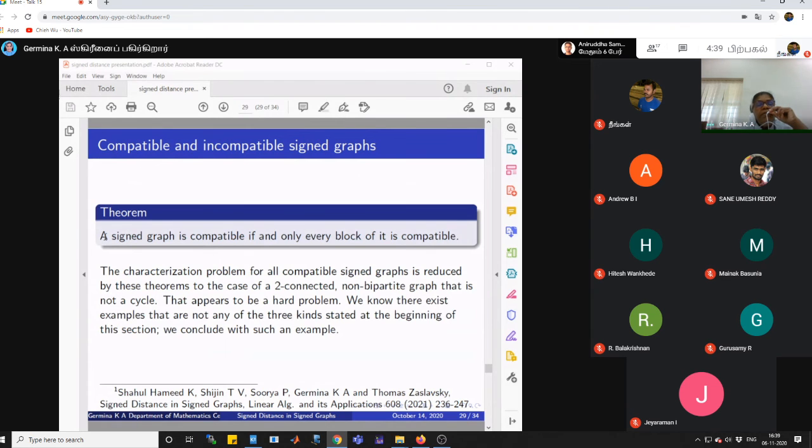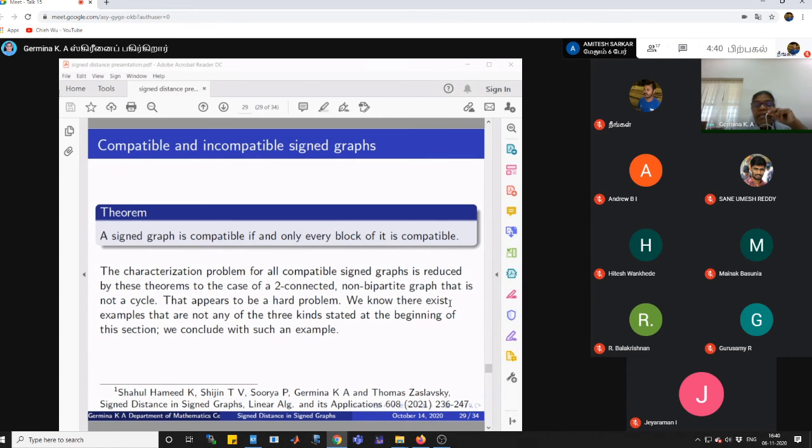Next theorem: a signed graph is compactable if and only if every block of it is compactable. The characterization problem for all compactable signed graphs is reduced by these theorems to the case of two connected non-bipartite graphs that are not a cycle. But this problem for us at least appears to be a hard problem.